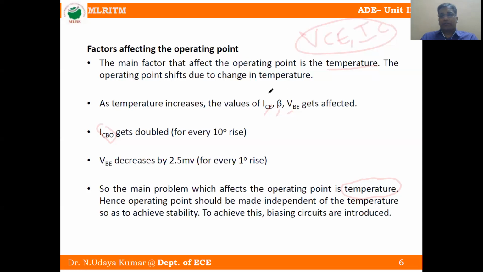If these parameters vary, the operating point also varies. So to reduce these effects, we introduce the criteria we call biasing.